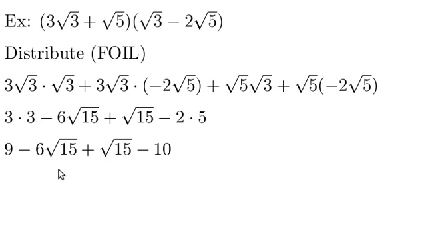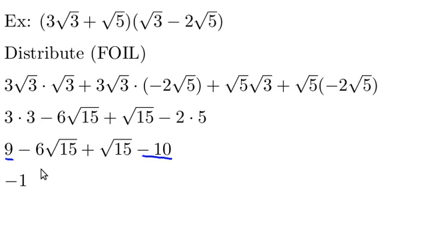So now I want to go ahead and combine like terms. Remember, that was the last thing we did last section. We're going to have this 9 and negative 10 make negative 1, because 9 minus 10 equals negative 1.